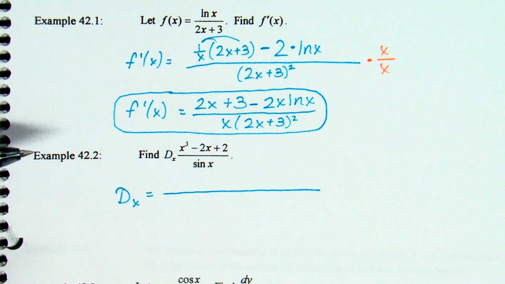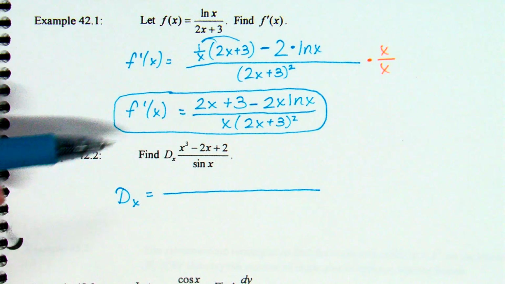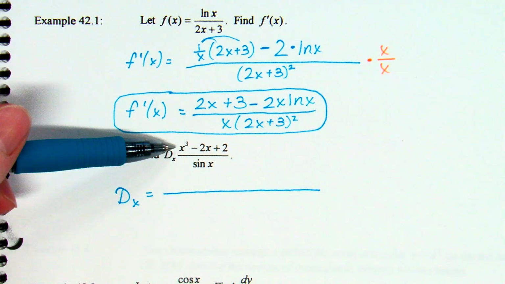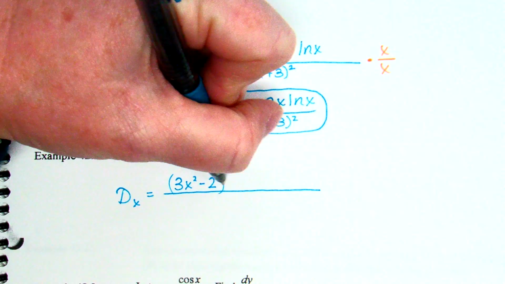Okay, so derivative of the top. What's the derivative of the numerator? 3x squared minus 2. So derivative of the top times the denominator, so times sine x.